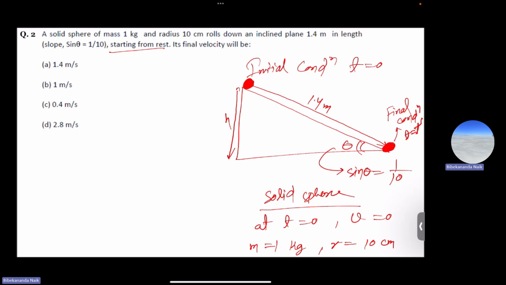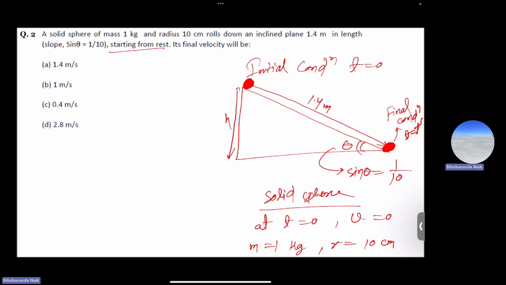It is a bit different from the previous question, because here you need to consider both the rotational as well as the translational motion, because it is coming down an inclined plane, it is not only rotating. With rotating, it is also coming down. So there is both translational and rotational motion, and you need to consider both the motion and the energy corresponding to it, and then we can solve it.